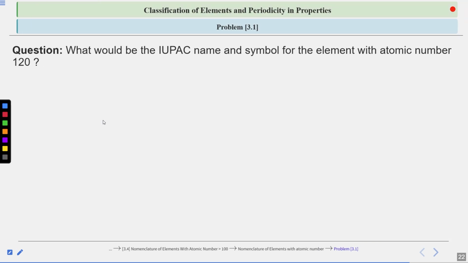Here is a question for you related to that part. You have to write the IUPAC name and symbol for the element with atomic number 120. Your time to solve this question starts now. Okay, time is up.